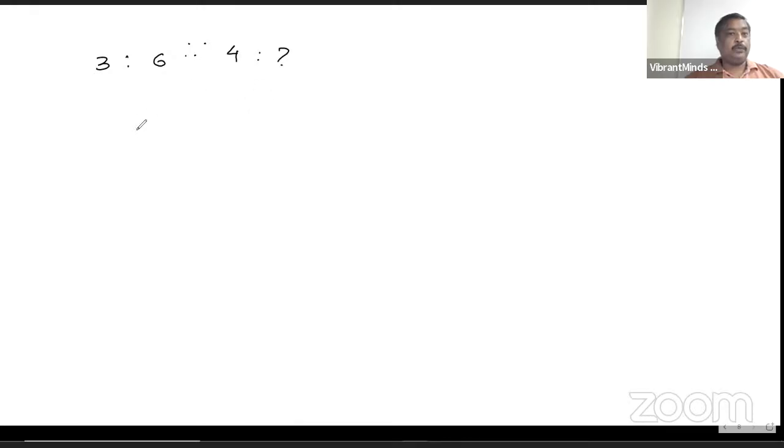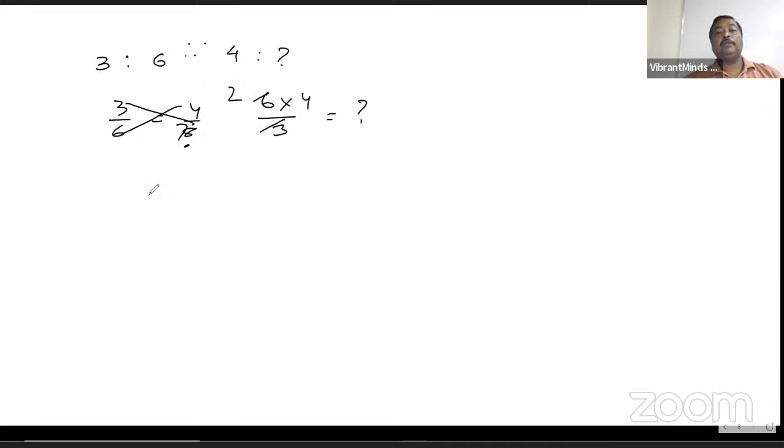How are you going to do it? So what we have is 3 by 6 is equal to 4 by question mark, and it will be cross multiply. So 6 into 4 by 3 is equal to question mark, and that gives you 8.